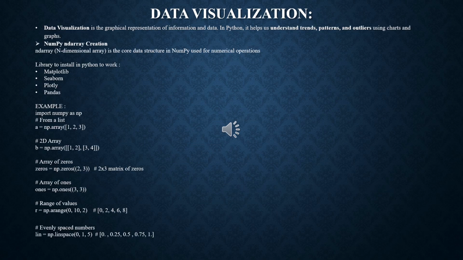Okay, the next topic of Unit 3 is data visualization. Data visualization is a graphical representation of information and data. In Python, it helps us understand trends, patterns, and outliers using charts and graphs. You visualize data models, data frames, and series, and that is called data visualization.